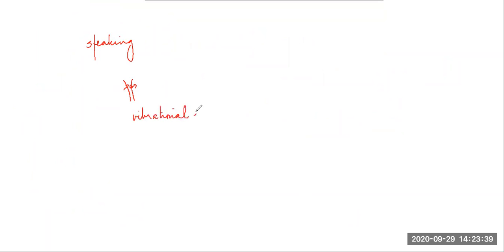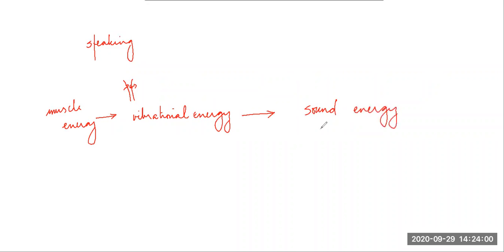And that is produced from the muscle energy. Muscle energy is getting converted to vibrational energy. Vibrational energy is getting converted to what you are able to hear, that is sound energy. Very strange.